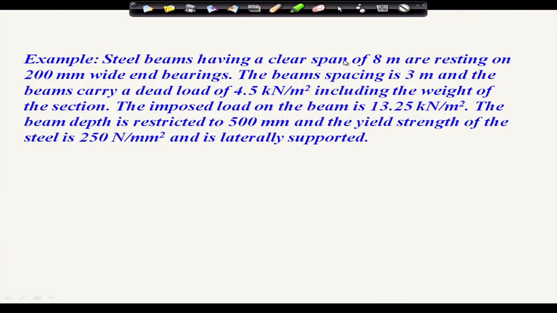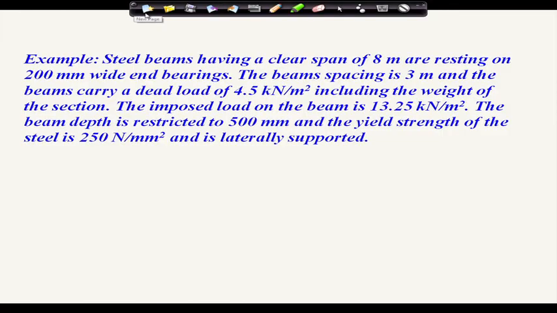Now, I will go through another example where the available section is less than the required section. There we need to provide a certain plate on the section and we have to increase the section modulus by addition of that plate, right.